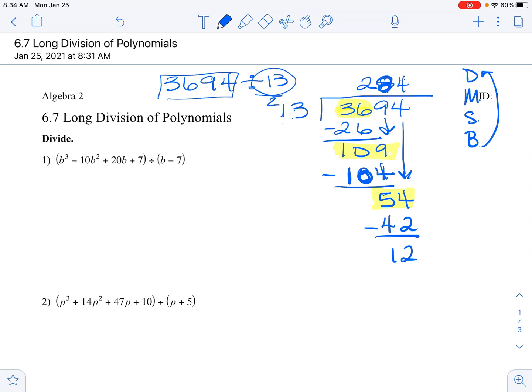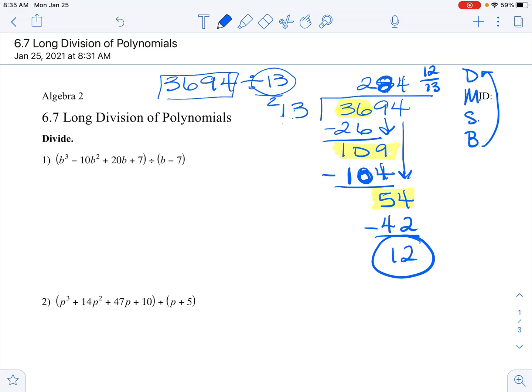Subtract 12. Now, if you remember correctly, you take this number and it goes on the top. You're not just going to put R12. You're going to put 12 on the top and 13 on the bottom.